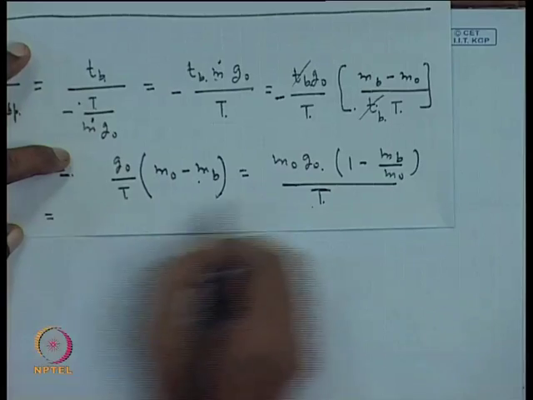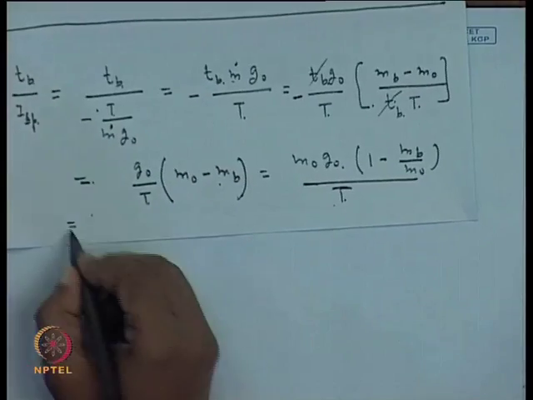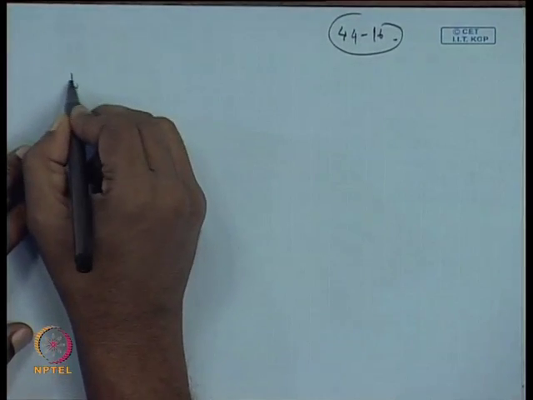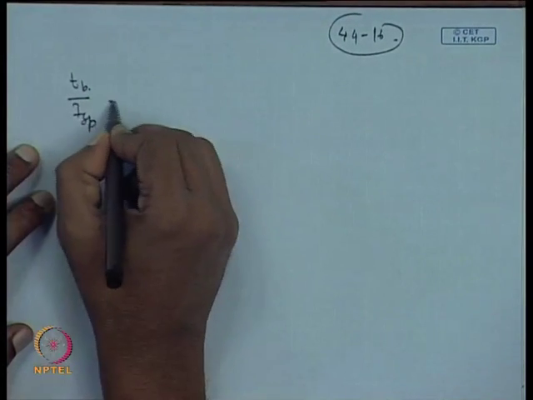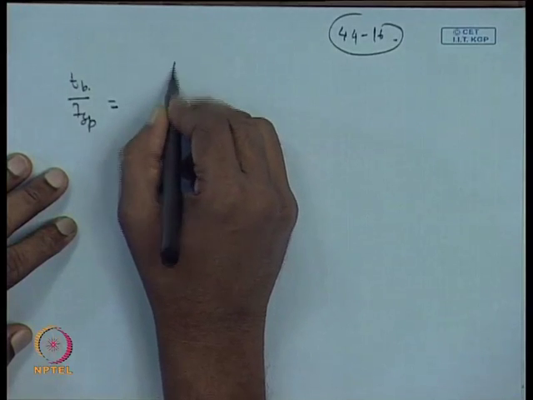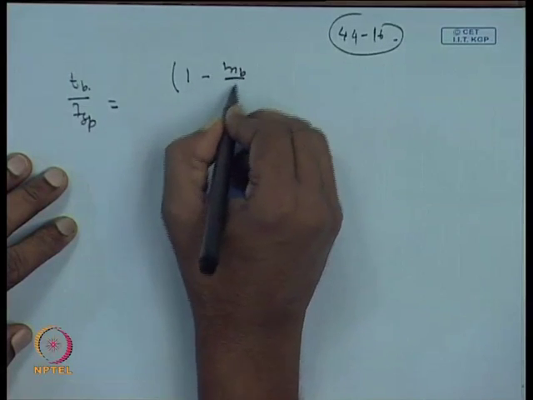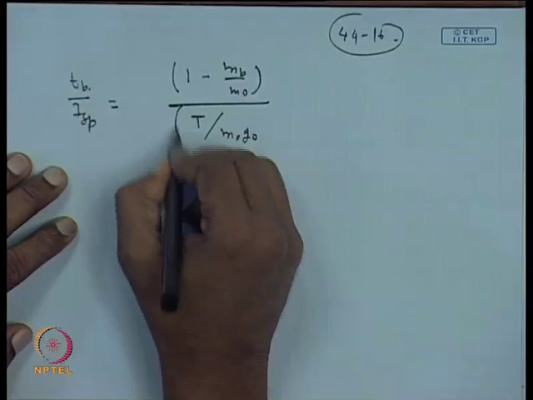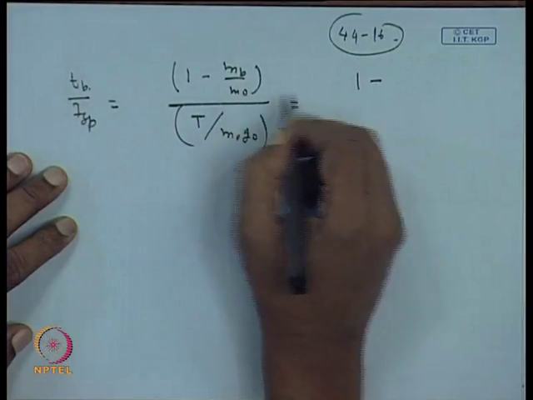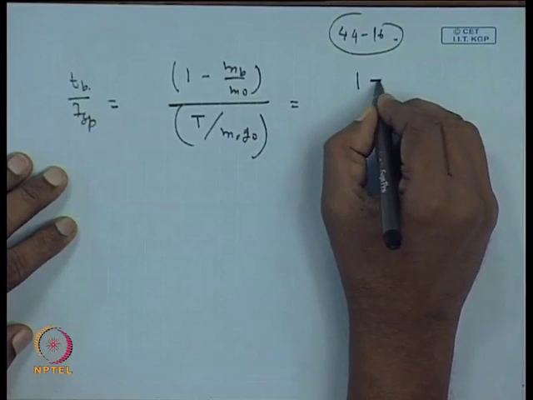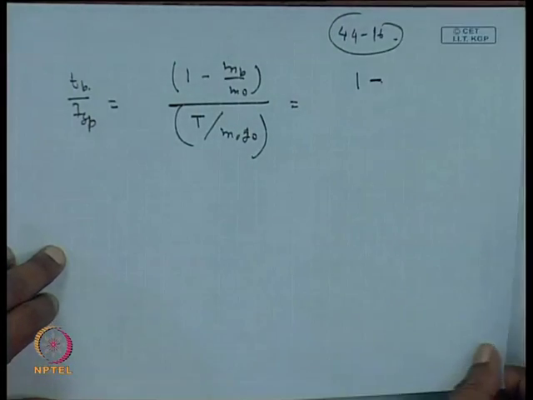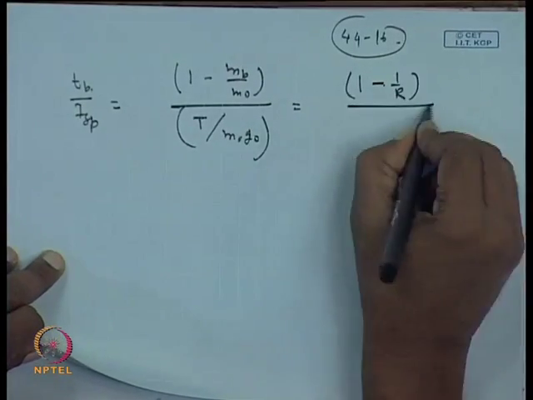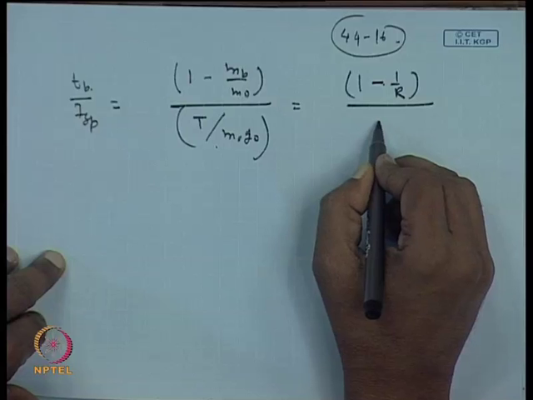So, this can be written as, let us take it to the next page. So, we have T b by I s p equal to 1 minus T by m 0 g 0, and m b by m 0 is nothing but 1 by r, this quantity, and this we have written as a small r.